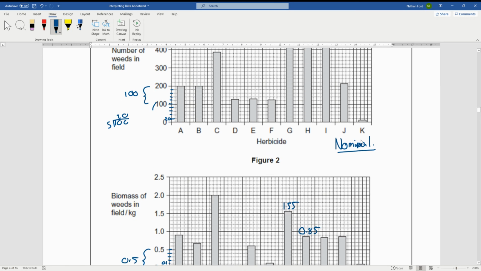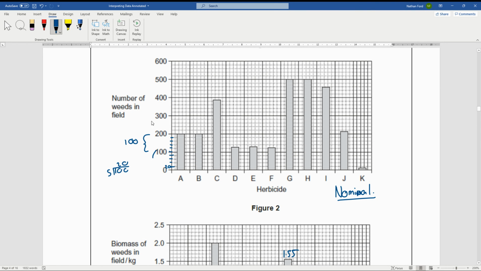But if we go to the top, the number of the weeds, this is half of that first square. That means there's about 10 weeds in this field, compared to the others, which are over 100. So it's because there's less weeds in the field.